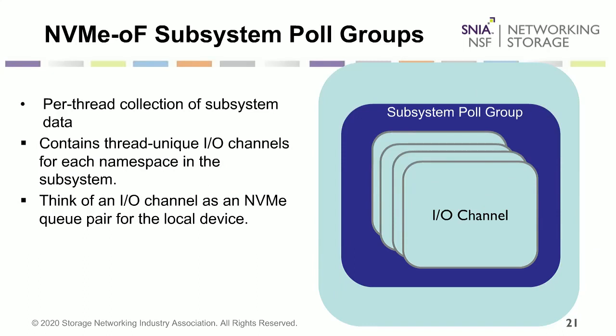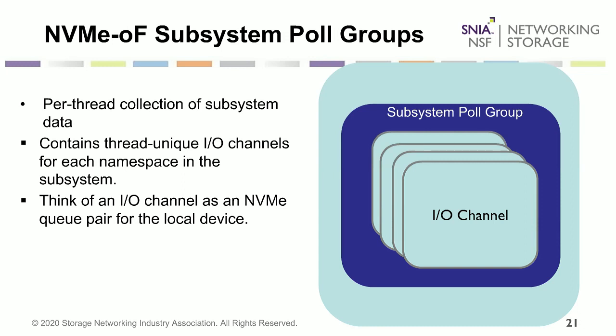Okay, and so then the other primitive inside of the top-level poll group was the subsystem poll group. And in SPDK, namespaces that are presented through subsystems are SPDK bdevs. And so Jim talked a bit about the SPDK bdev layer.